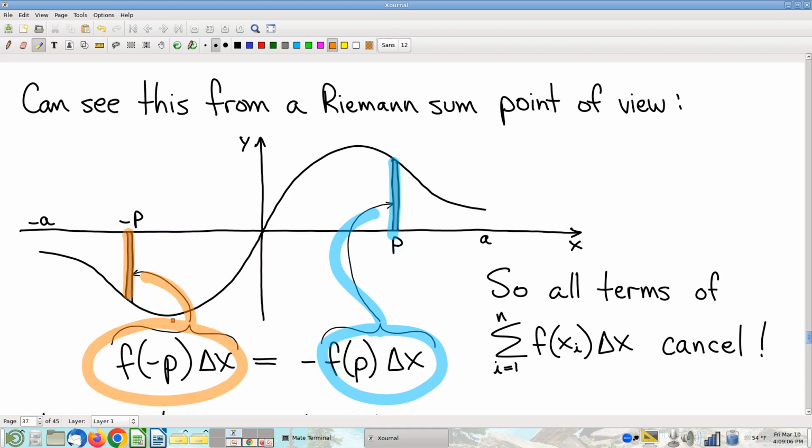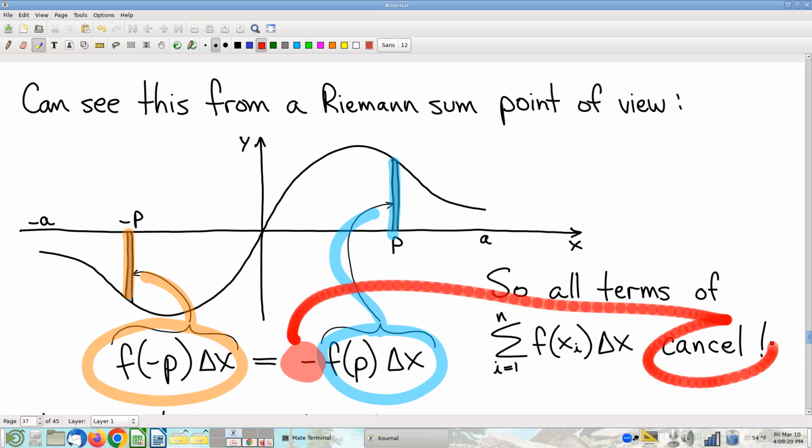But notice, because the function is odd, I get a minus sign there. So in the summation, these two terms cancel. That's one point of view on why this integral is 0: you're adding up a bunch of things, all of which cancel with another term in the summation. Is that all right?